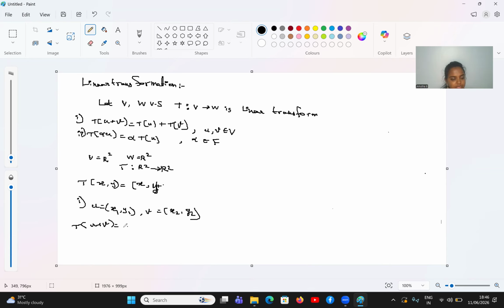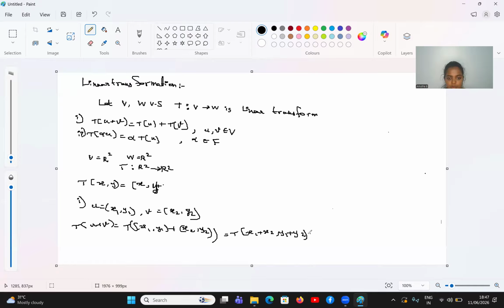T of u plus v means T of x1 comma y1 plus x2 comma y2. You have to add the vectors inside the brackets, that means x1 plus x2 comma y1 plus y2. This is component wise addition.